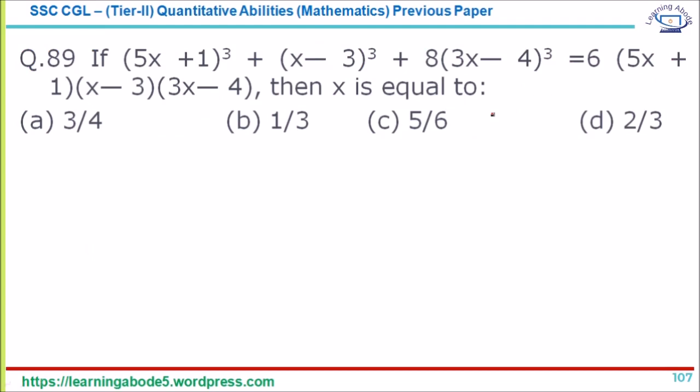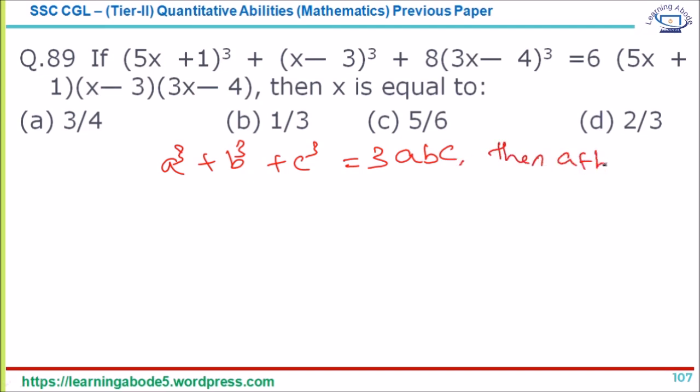Question number 89. Now here I think we can use the relation: a cube plus b cube plus c cube is equal to 3abc, when a plus b plus c equals 0.